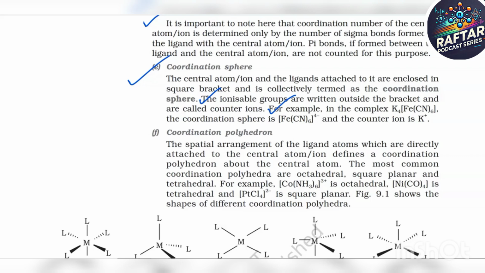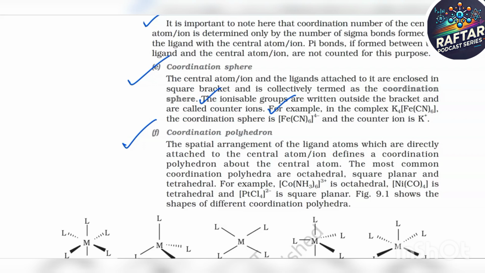F. Coordination polyhedron. The spatial arrangement of the ligand atoms which are directly attached to the central atom or ion defines a coordination polyhedron about the central atom. The most common coordination polyhedra are octahedral, square planar and tetrahedral.